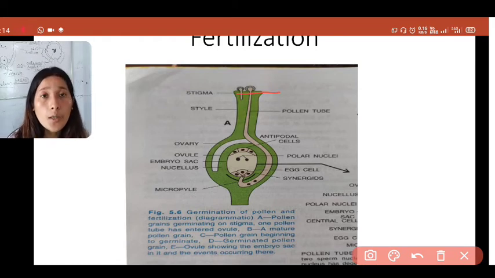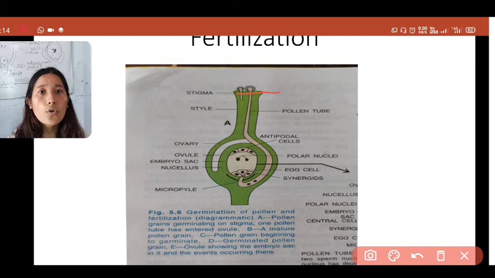Stigma is the female reproductive part of a plant. The stigma and the pollen grain have to be of the same species of plant. It cannot be of a different species. If the pollen grain of a different species sticks to the stigma, it's going to disintegrate.